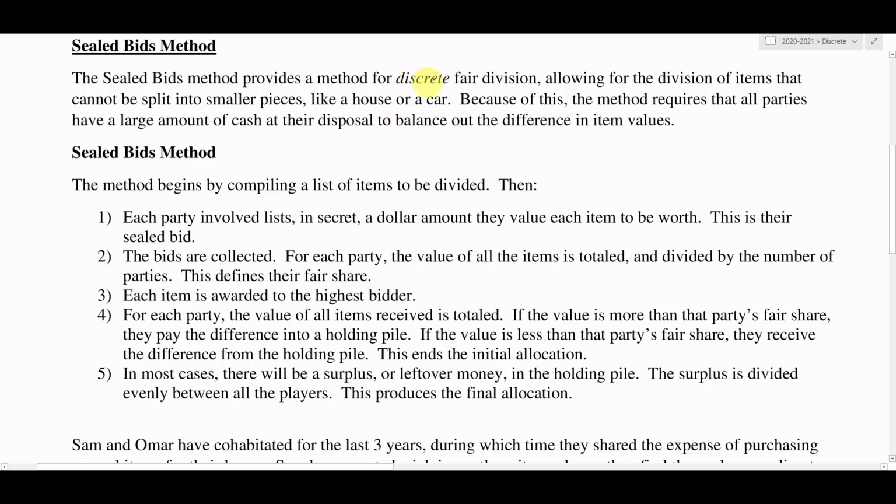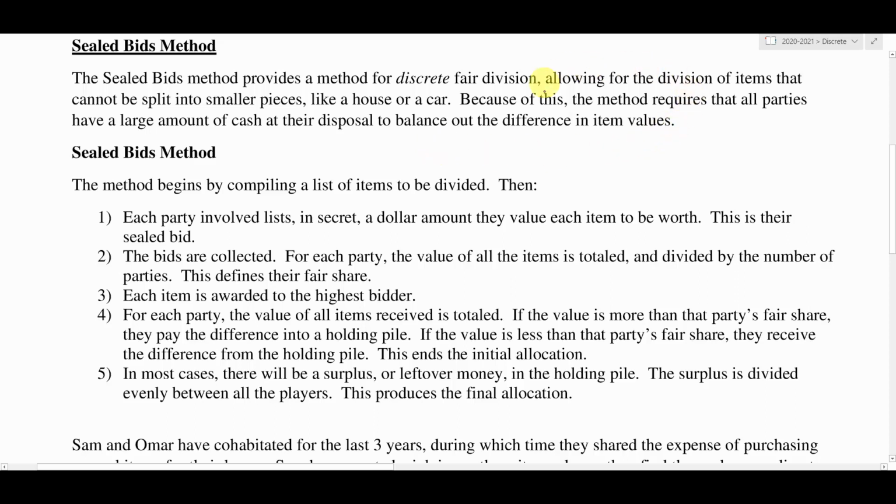You see that word discrete there in our description, which means we're going to be dealing with items that really can't be split into smaller pieces. For instance, if you were to inherit something from a relative that passed away, or if you were getting a divorce, you have to split up items that you can't take a knife to and cut in half or into thirds.